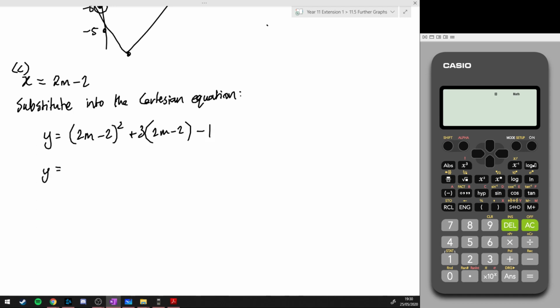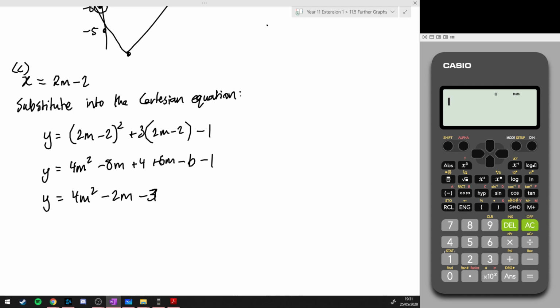So just expanding, we get 4m squared minus 8m plus 4, plus 6m minus 6, minus 1. Putting it all together, we get 4m squared minus 2m, minus 7 plus 4, so that should be minus 3. So 4m squared minus 2m minus 3.